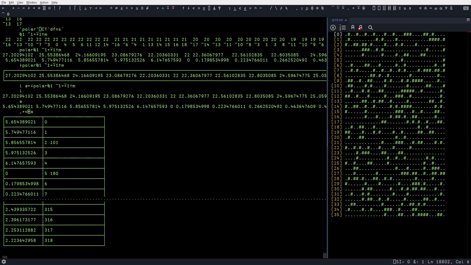So we get a list of angles here, and then we have a secondary list, which is the coordinates of the asteroids that lie along that angle. Quick shout out to Dyalog for having float comparison tolerance, which allows us to do things like this pretty nicely. Normally with floating point numbers, you can be off by like 0.00001 or whatever, and they won't group nicely. But Dyalog allows you to do that.